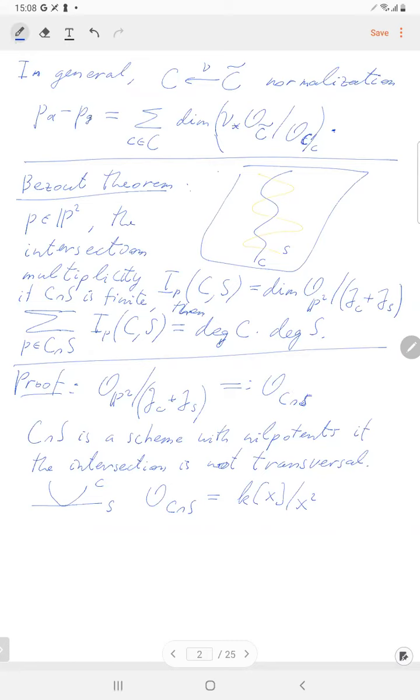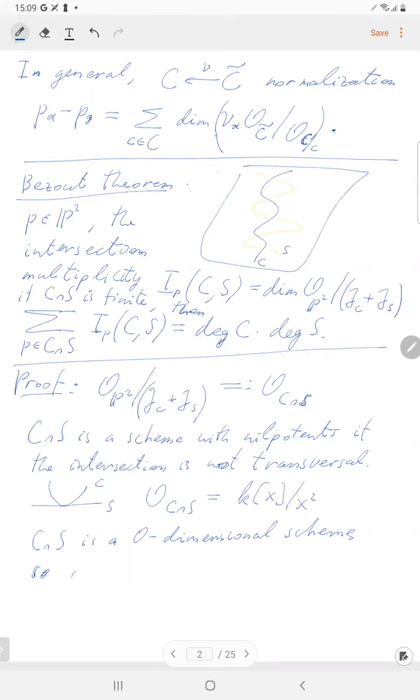So then again, as before, as when I computed the genus of a smooth curve, we need some explicit resolution to compute the dimension of this. So well, this is a zero-dimensional scheme.